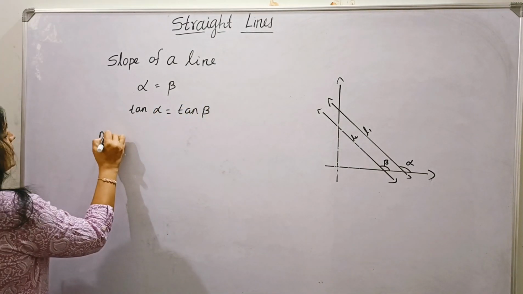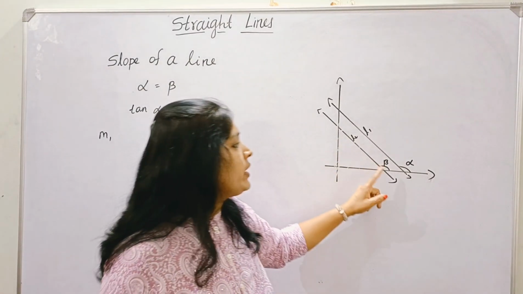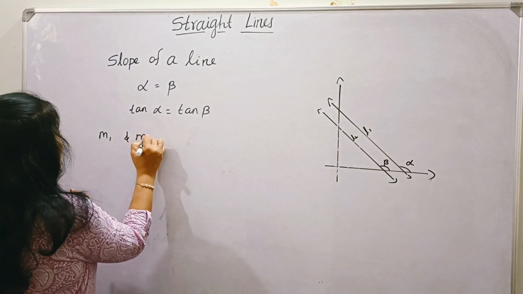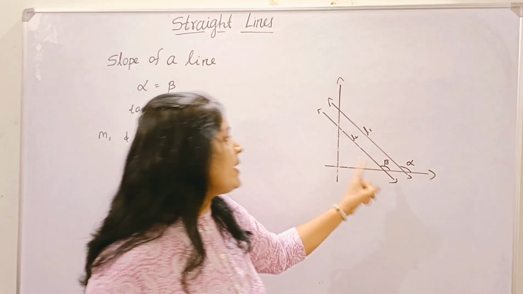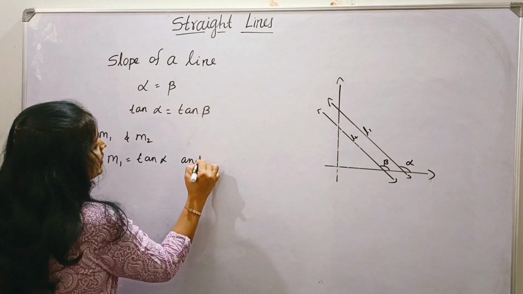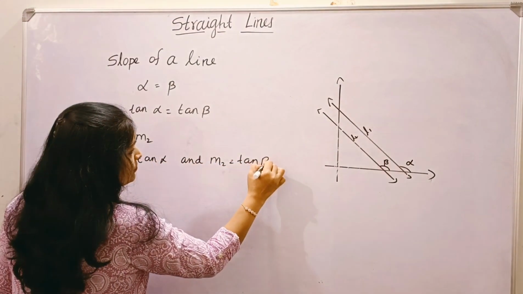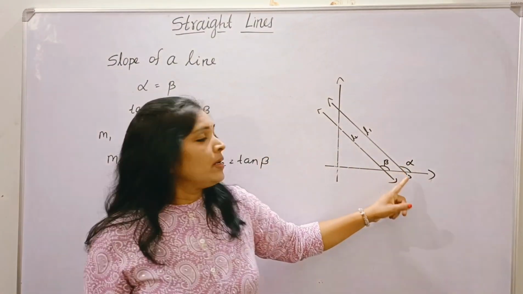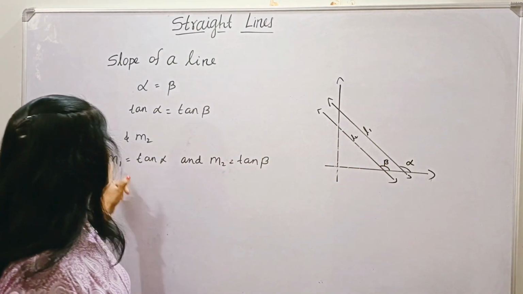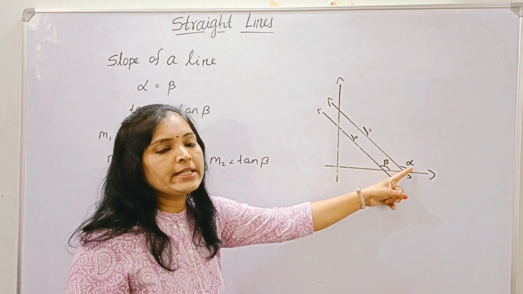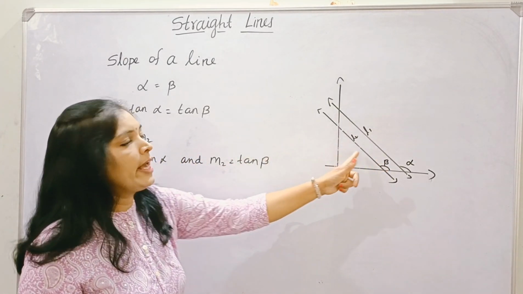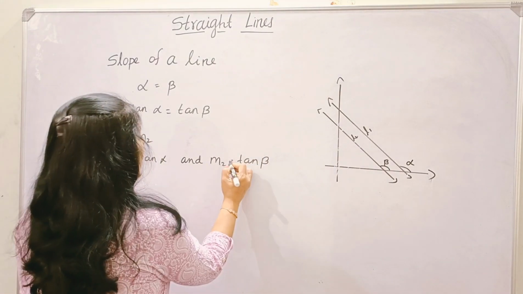If m1 is the slope of the line L1 and m2 is the slope of the line L2, then m1 is equal to tan alpha and m2 is equal to tan beta.